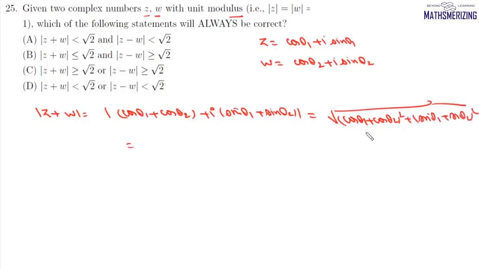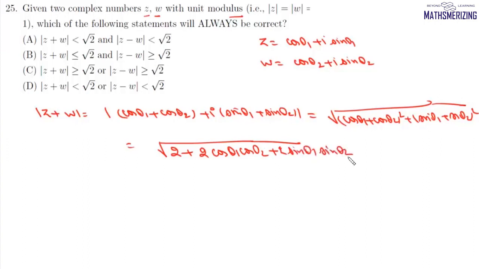Now we'll square it, we'll get cos square theta plus sin square theta, which will be 1. So we can write this as 2 plus 2 cos theta 1 cos theta 2 plus 2 sin theta 1 sin theta 2. We can write this as under root of 2 plus 2 into cos of theta 1 minus theta 2.